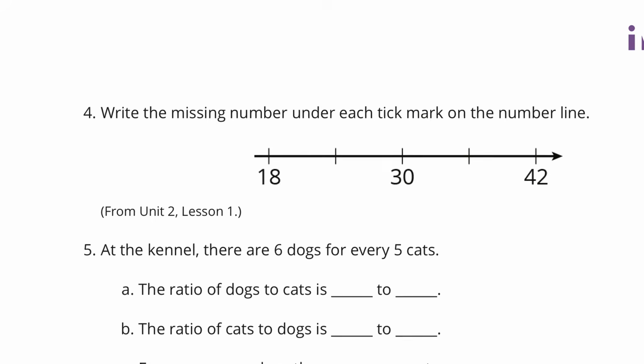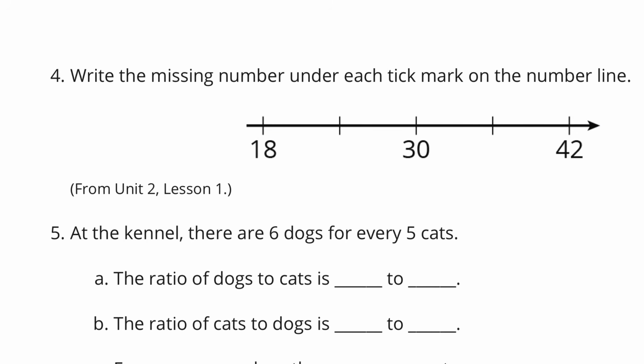Write the missing number under each tick mark on the number line. Well, from 18 to 30 is a distance of 12. This tick mark looks like it's halfway. So if I take 12 and divide it by 2, that halfway mark is going to be 6.